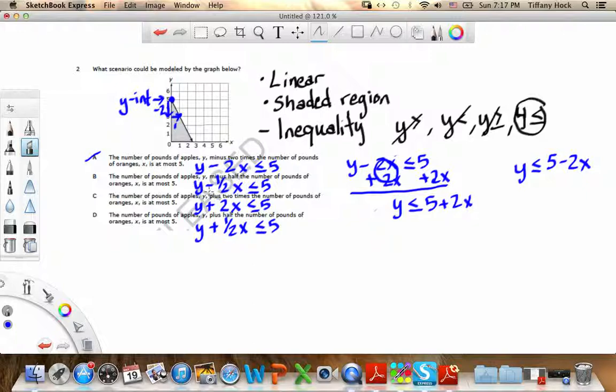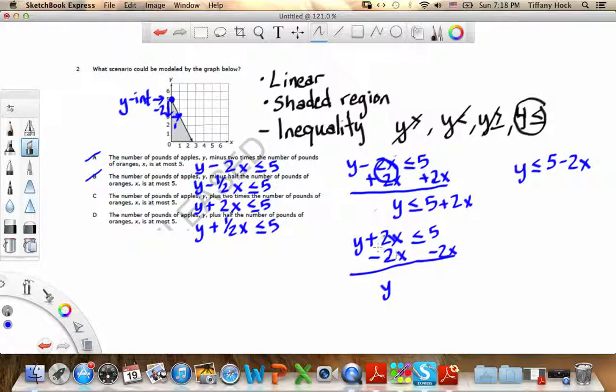If we look at this one, we can kind of get the idea. We would have to add 1/2 x to both sides, so this would become 5 plus 1/2 x. That's not what we want. Part C says y plus 2x is less than or equal to 5. So here we would have to take away 2x from both sides. And we would be left with this y.